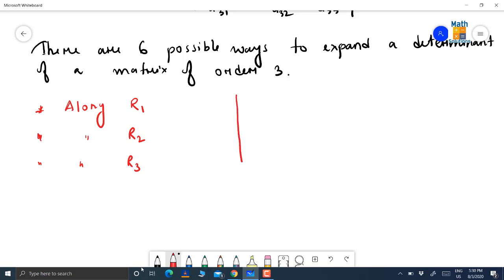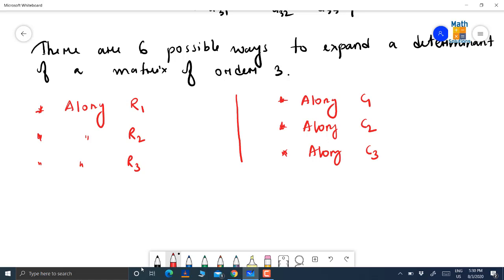Then again along the first column, along the second column, or along the third column. All these steps together we cannot perform. Any one of these you can use.